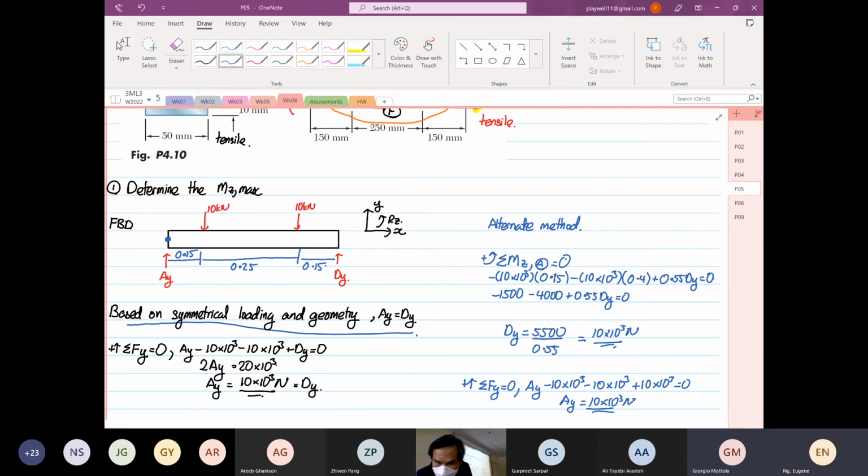What if one of the loads was bigger than the other? If one of the loads is bigger than the others, then this will not work.